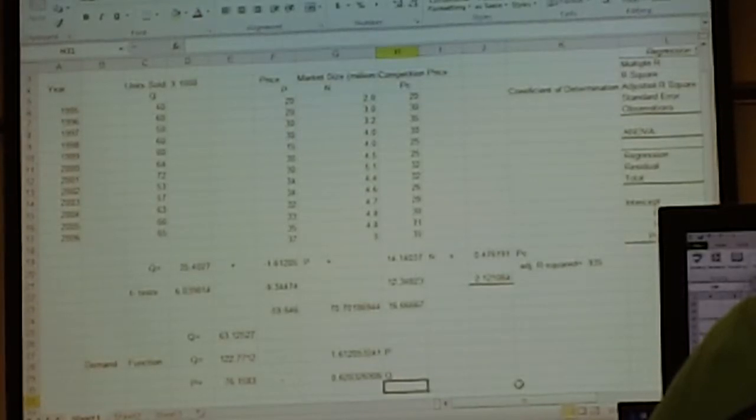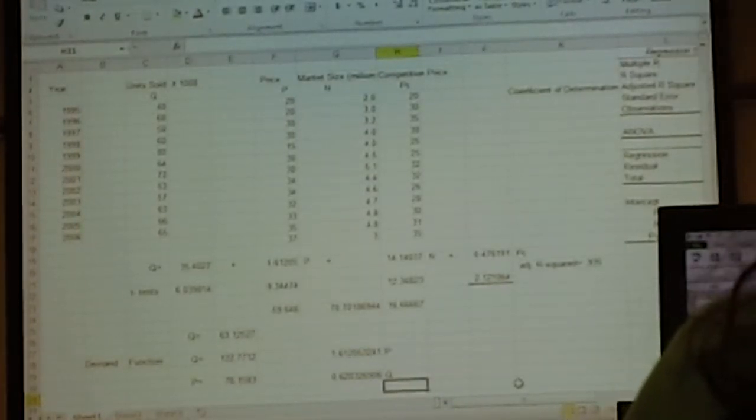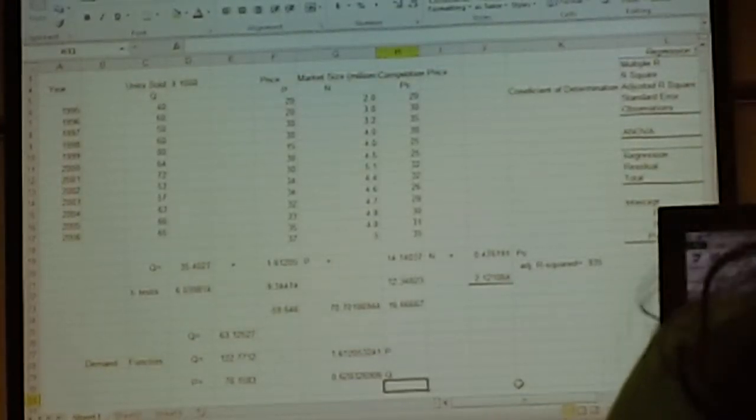That's doing algebra, right? That's how you get that number. Good. So now we have an equation for the demand function.